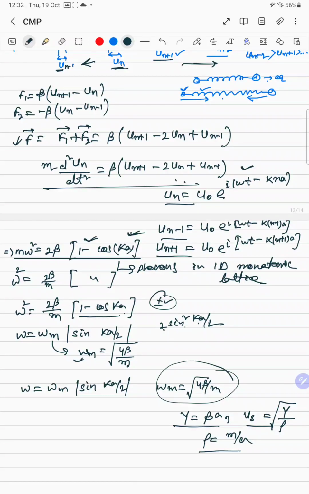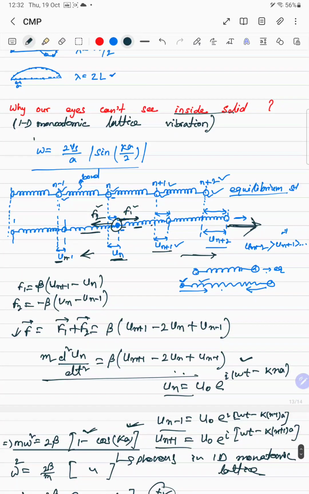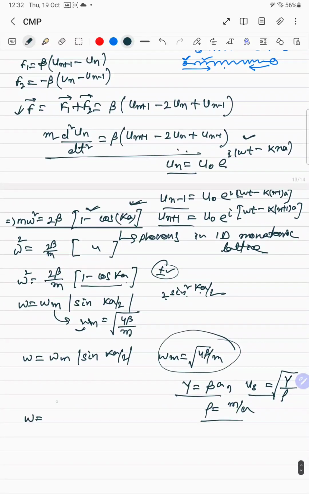Using all these relations, finally I can get omega equals 2 Vs by a sin ka by 2. So let's write this in blue color.